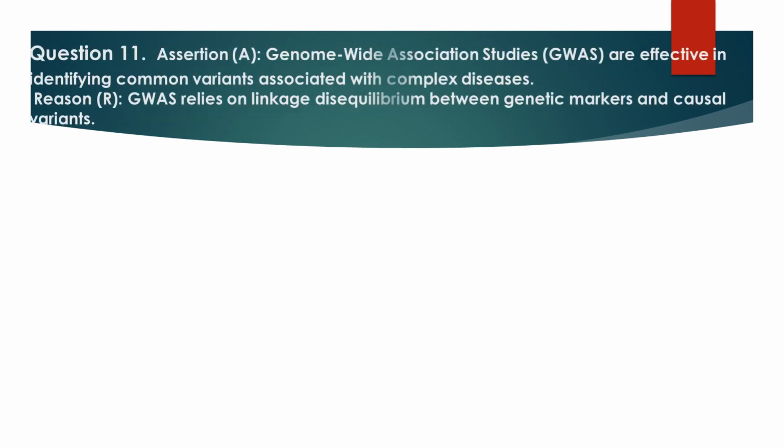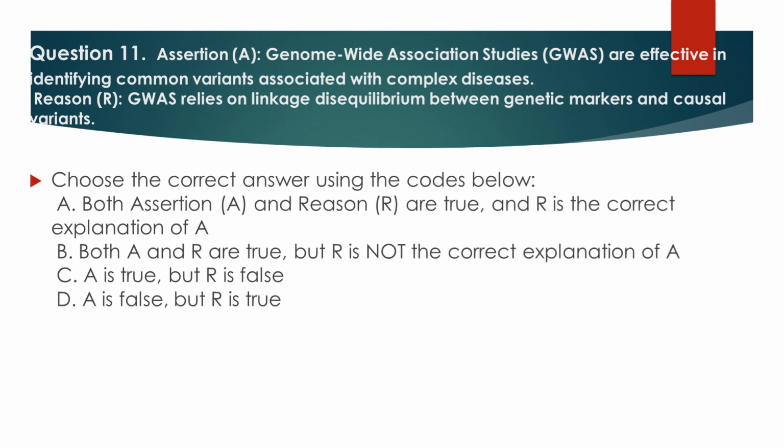Question 11. Assertion A: Genome-wide association studies, GWAS, are effective in identifying common variants associated with complex diseases. Reason R: GWAS relies on linkage disequilibrium between genetic markers and causal variants. Choose the correct answer using the codes below.